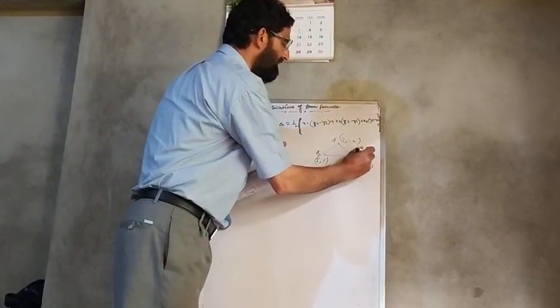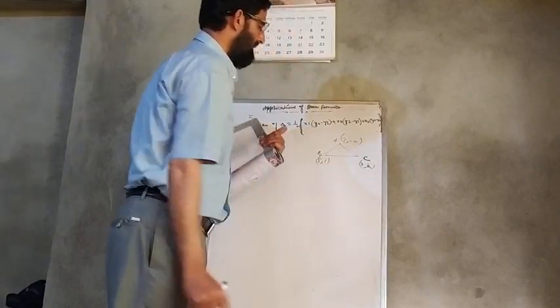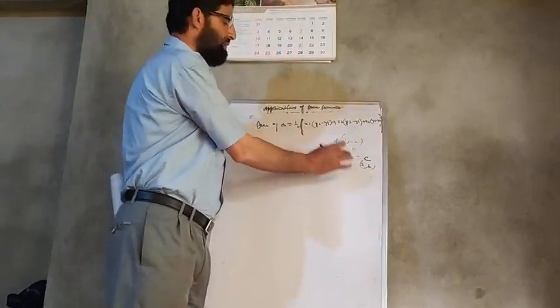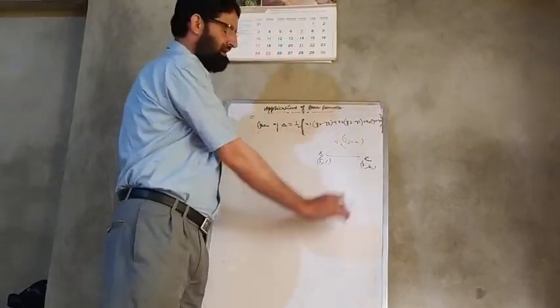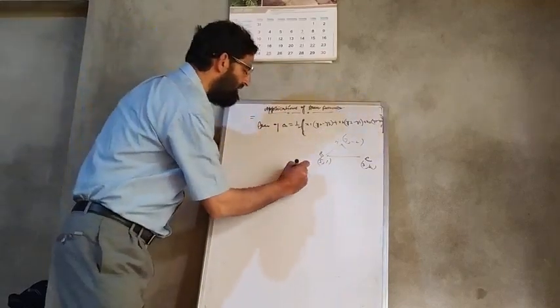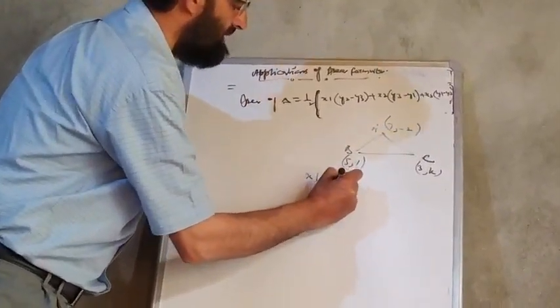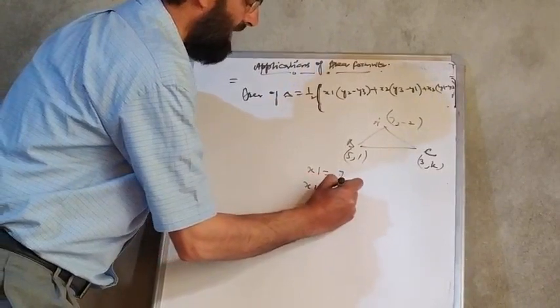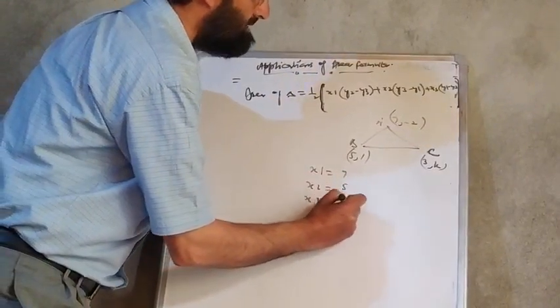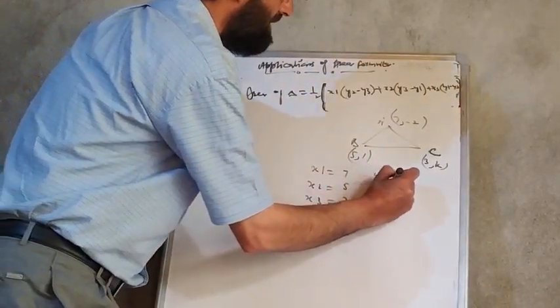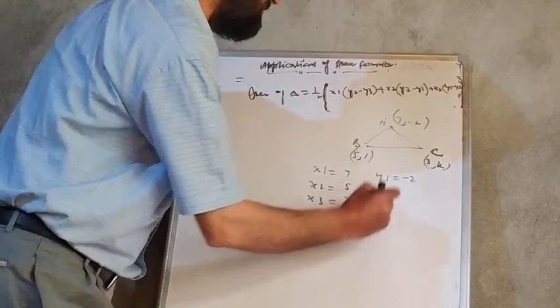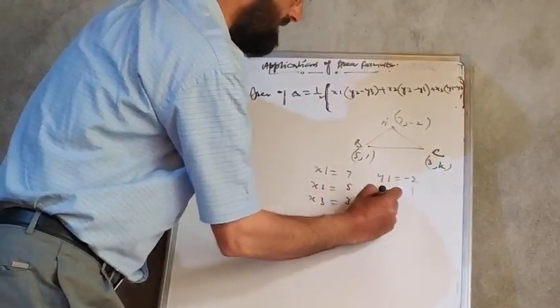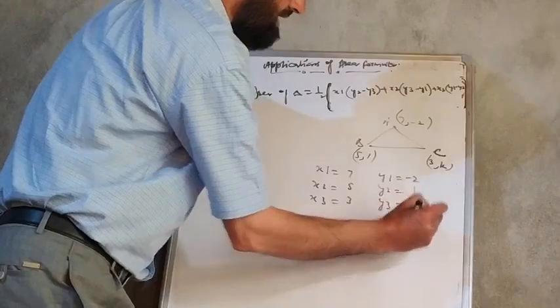Now you have to find the value of this k, but it is given that the points are collinear, that is area is equivalent to 0. So here we go, x1 is equivalent to 7, x2 is 5, x3 is 3, and y1 is equal to minus 2, y2 is 1, and y3 is equivalent to k.